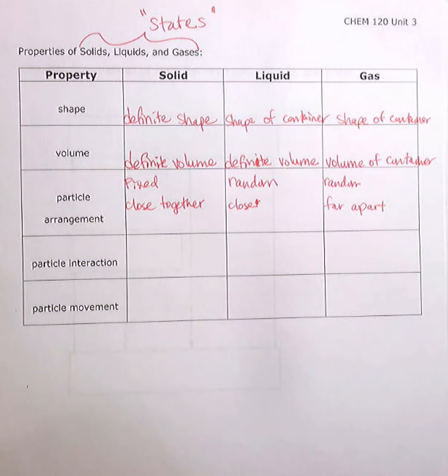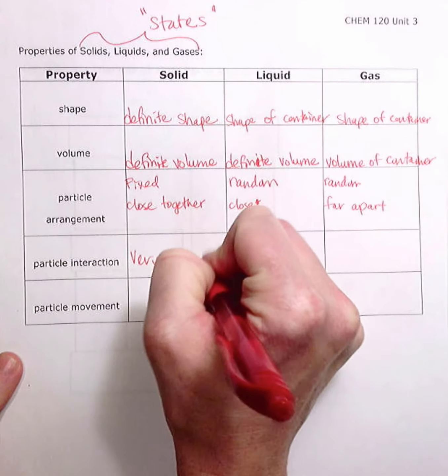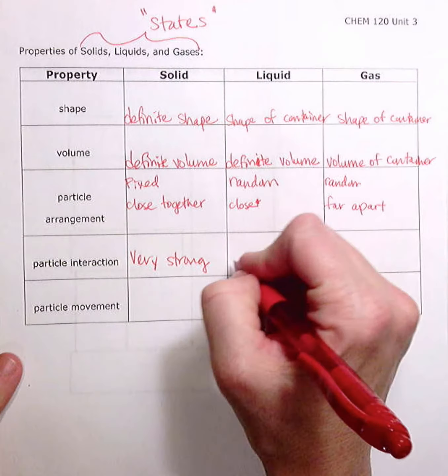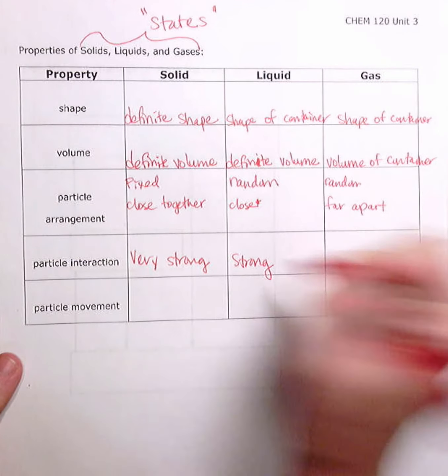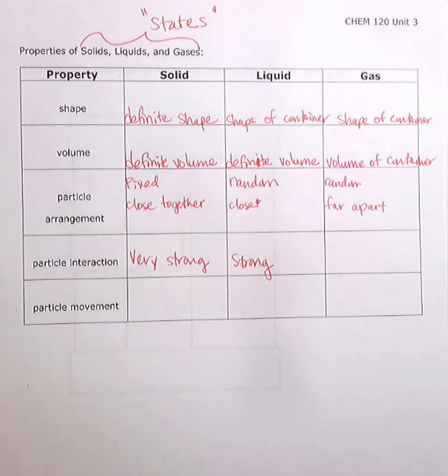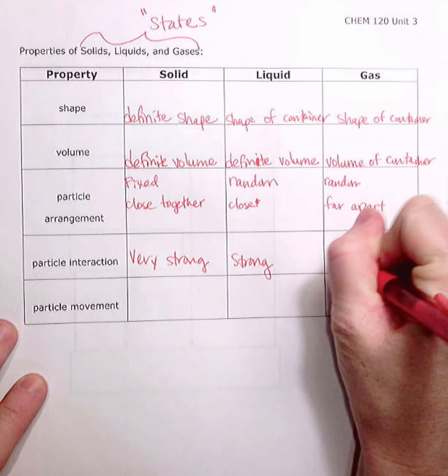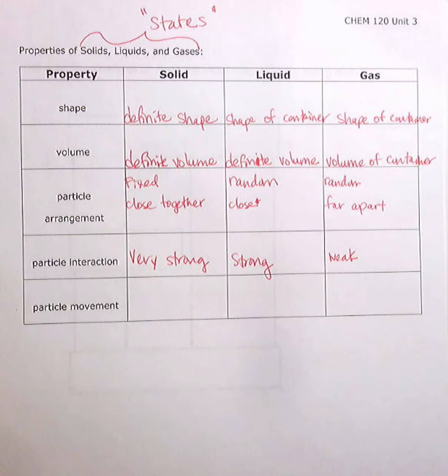So, particle interaction. Solids have very strong particle interactions, while liquids just have strong interactions. And gases, remember, they're far apart. They don't want to be near each other. They have weak particle interactions. So you kind of get the feeling how my friend Molly would come up with, oh, I can identify most with a liquid.